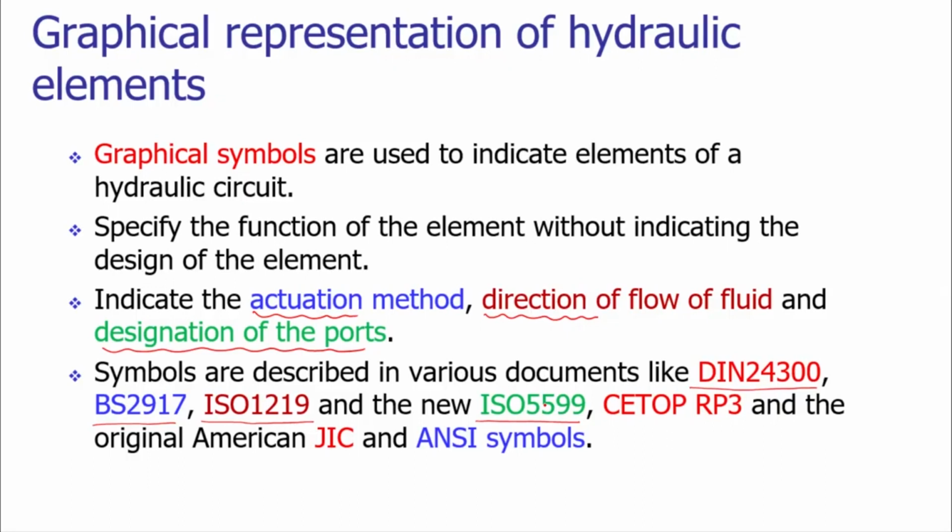These standards are being practiced by the practicing engineers in the industry. Therefore, it is very essential for budding engineers, for students of automation engineering or manufacturing engineering, to know how to properly represent a typical hydraulic element.